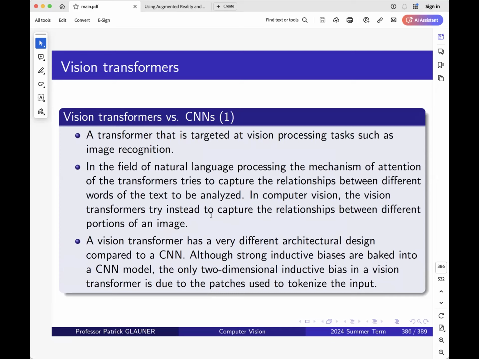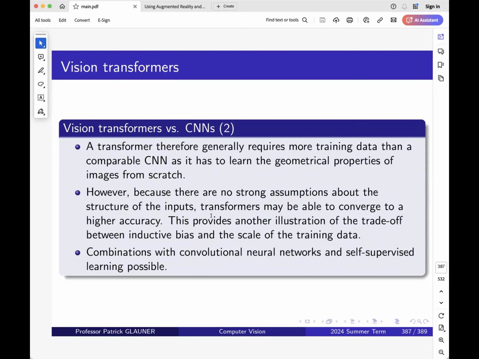Those biases are not really in a vision transformer. Rather, such feature detectors would be learned much more freely with fewer constraints, but you probably need more data and more computing power. And for a lot of vision problems, the inductive biases the convolutional neural network makes are probably quite reasonable.